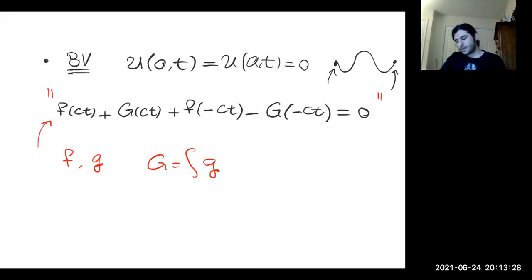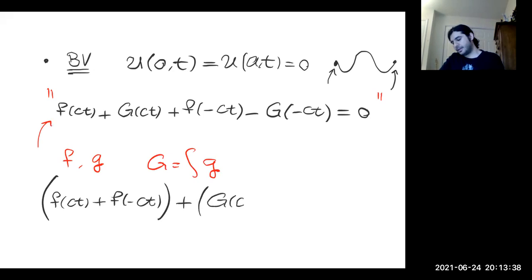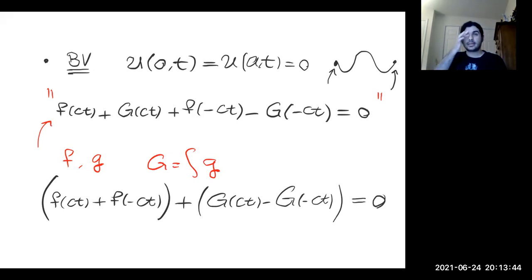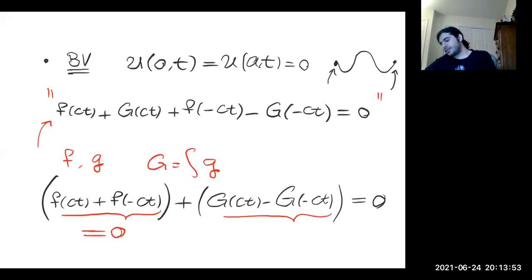So if I group these things, I would have f of ct plus f of minus ct plus g of ct minus g of minus ct is equal to 0. If we want this to be 0 for any given f and g, this should be 0, and also this should be 0, and then their sum would become 0.